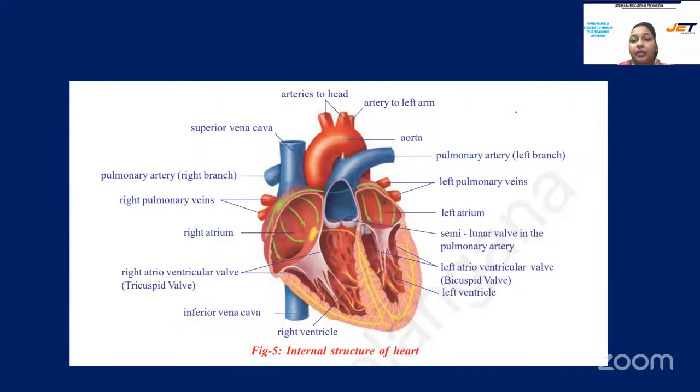See, this is the diagram of a heart. I'm explaining it to you, and then I'll explain how it functions as well. See, this is the superior vena cava. First let me tell you, the side which is your right side in the diagram, when we study, that is the left portion.